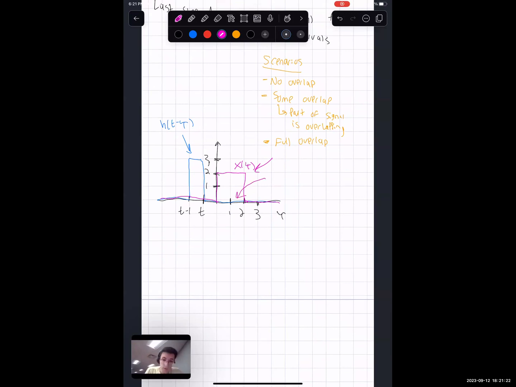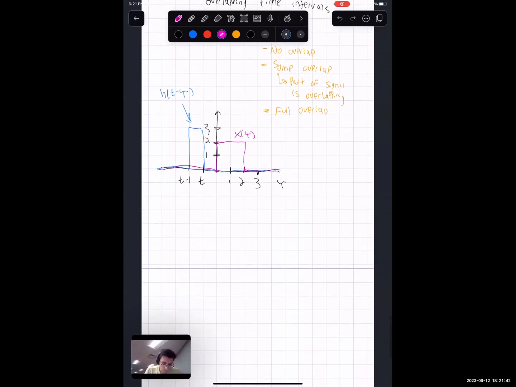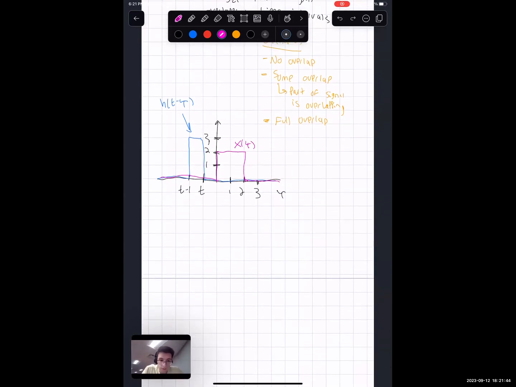Yep, no overlap, perfect. The opposite is over here: the only time where h of t minus tau is non-zero, x of tau is 0. So here's the no overlap situation.